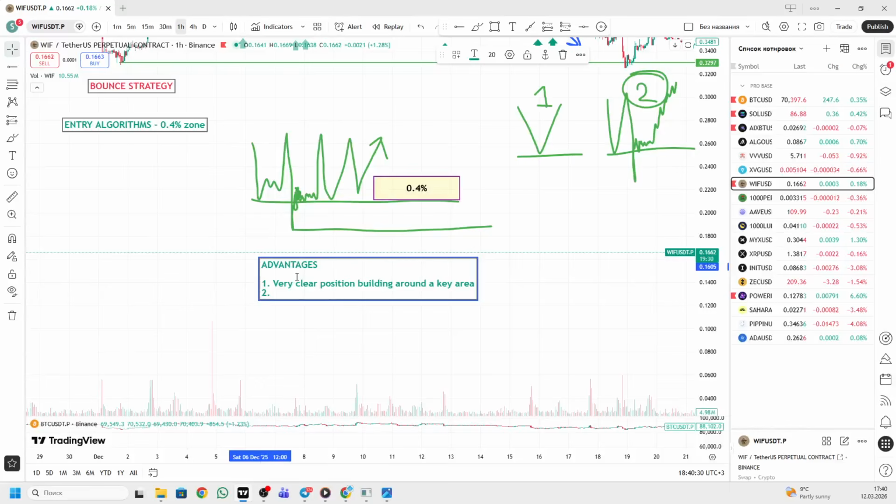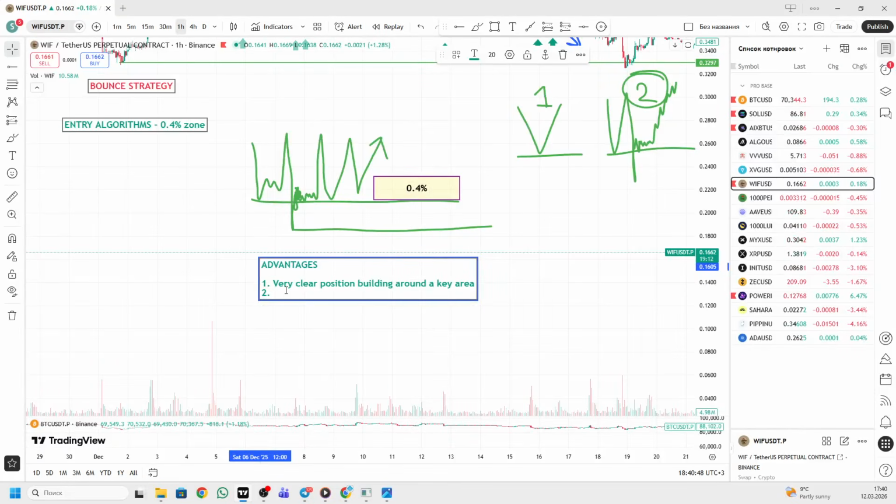Second, the stop stays relatively small, and you can easily place it behind the wicks and behind the zones, because this zone is very close to your level.